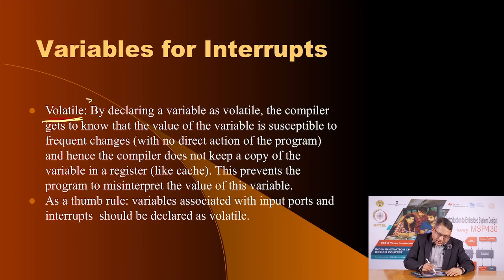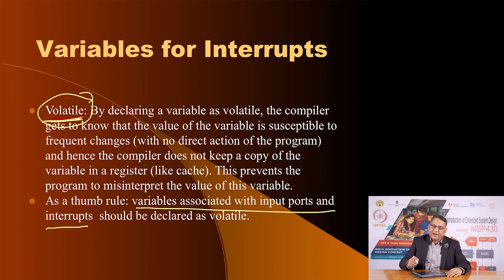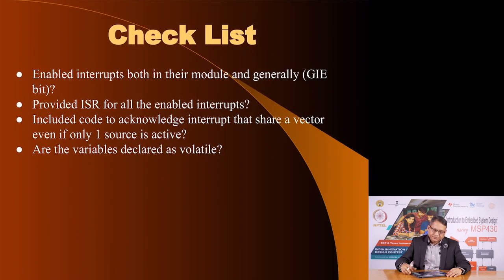By using this keyword, you are telling the compiler, please do not use a copy of that value, go into the memory which has been reserved for that variable, fetch the value from there and then pass it. And as a rule of thumb, all the variables associated with ports and interrupts should be declared as volatile, and we will see that example either in this or subsequent lectures.